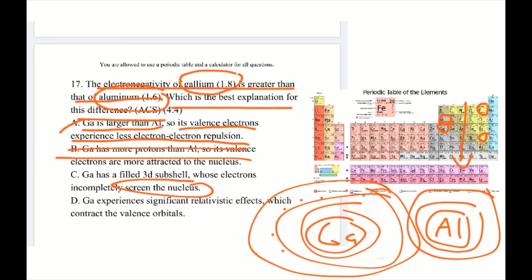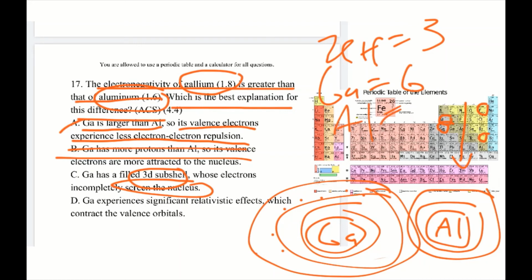So as you remember, Zeff for an atom is equal to its number of valence electrons, so the Zeff of aluminum and gallium is expected to be 3. But since the electrons in gallium, specifically the 3d electrons, are incompletely screening it, you have a Zeff that's higher than normal for gallium. So gallium might have a Zeff of 6 as opposed to 3, while aluminum has a Zeff of 3.